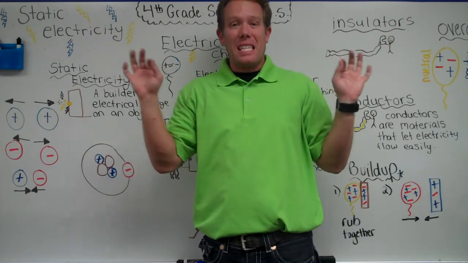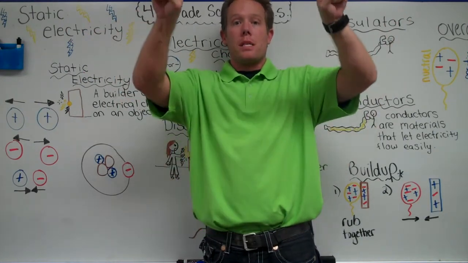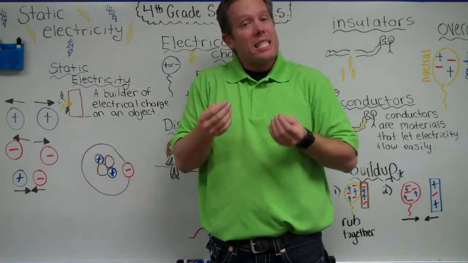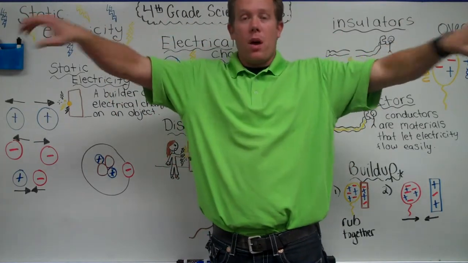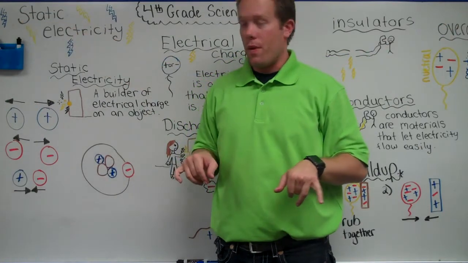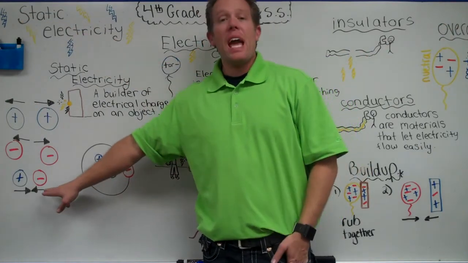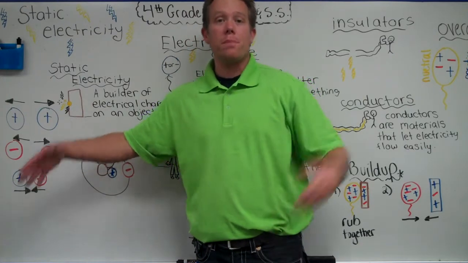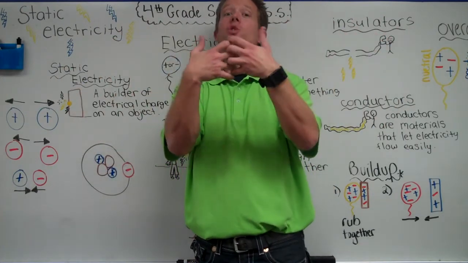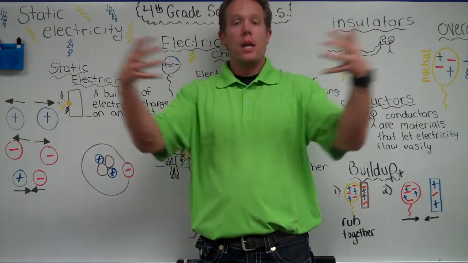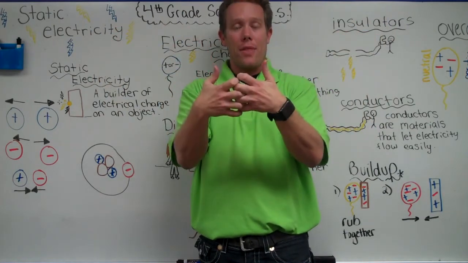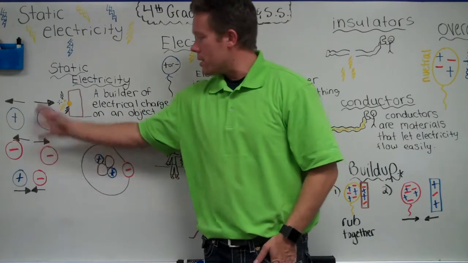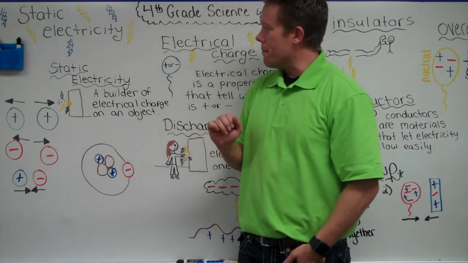They're going to want to go away from one another. If they have a different charge, if one is negative and one is positive, they will be attracted to one another. So they only are attracted together if they have different charges. Keep that in mind.